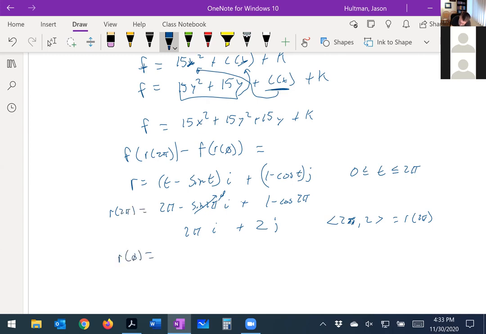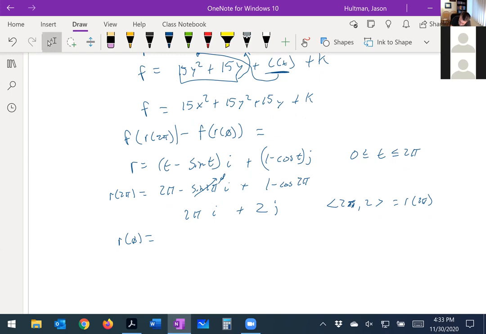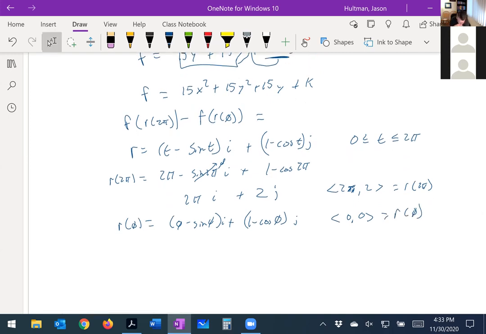R of 0 is equal to 0 minus the sine of 0 i, plus 1 minus the cosine of 0 j, so that's just 0, 0. Boom, 0, 0 for r of 0.